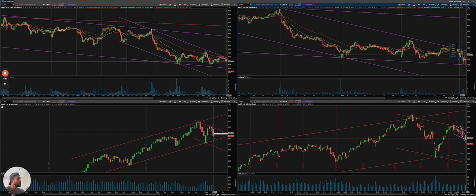This was about a $1.5 move up to my stop loss, and this in options would be around 40% risk, and I entered with about $900, so I was risking about $360 on this trade.